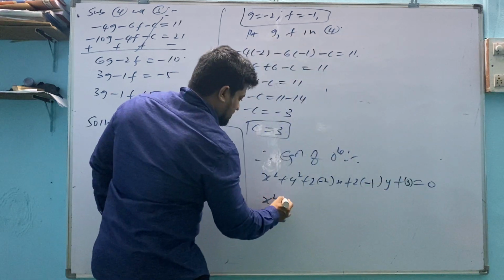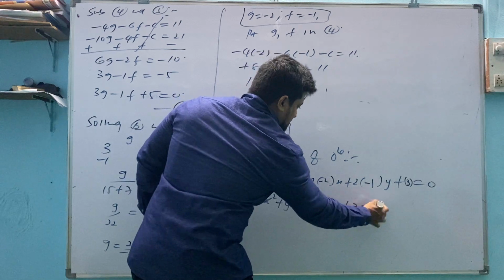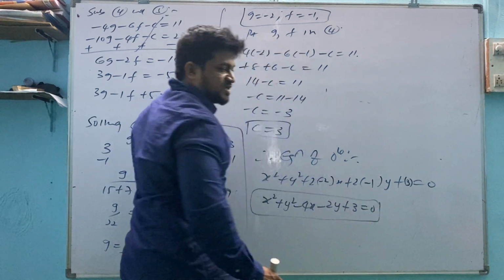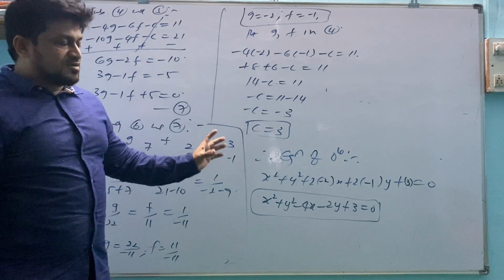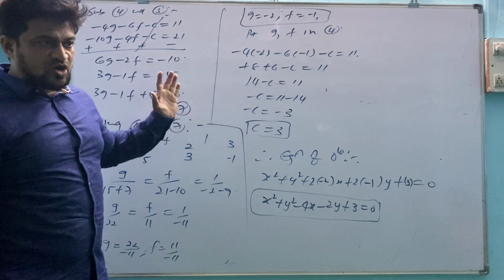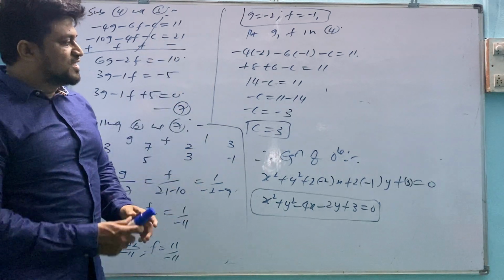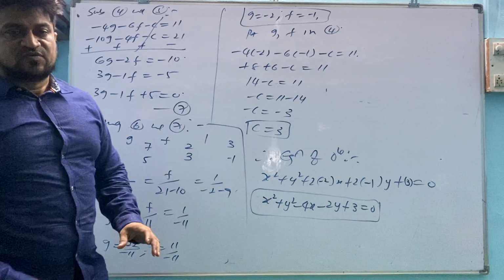So we got x square plus y square minus 4x minus 2y plus 3 equals to 0, the required equation of the circle. If a circle is orthogonal to two circles and a diameter is given, first and second are orthogonal, first and third are orthogonal, the center minus g, minus f lies on the diameter, solve the equations, you will get the answer.